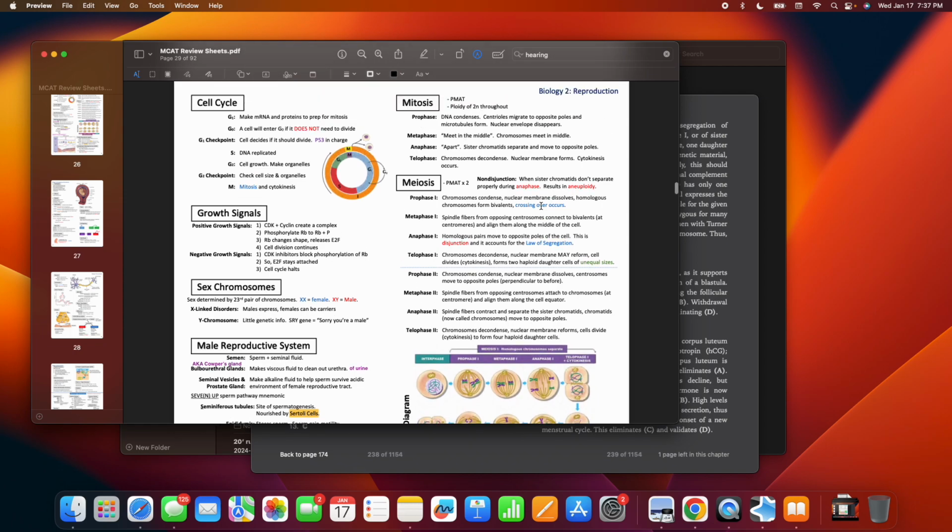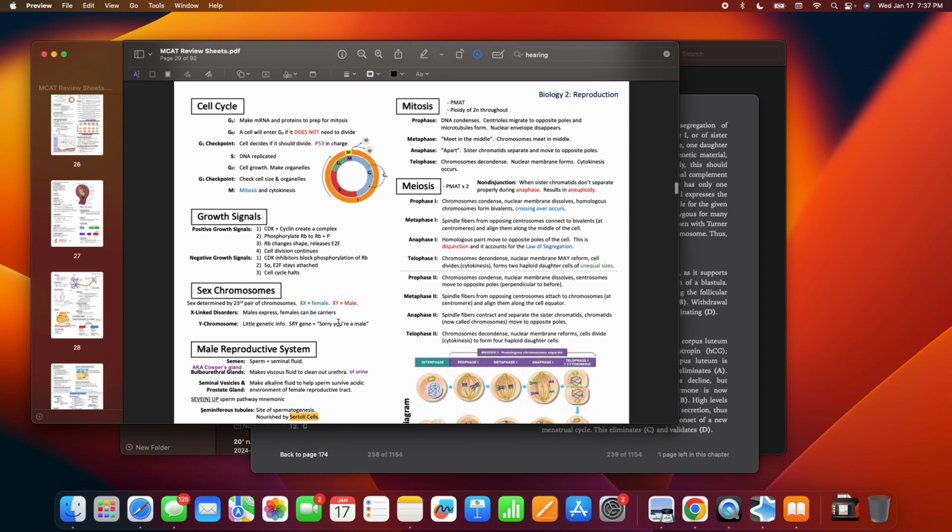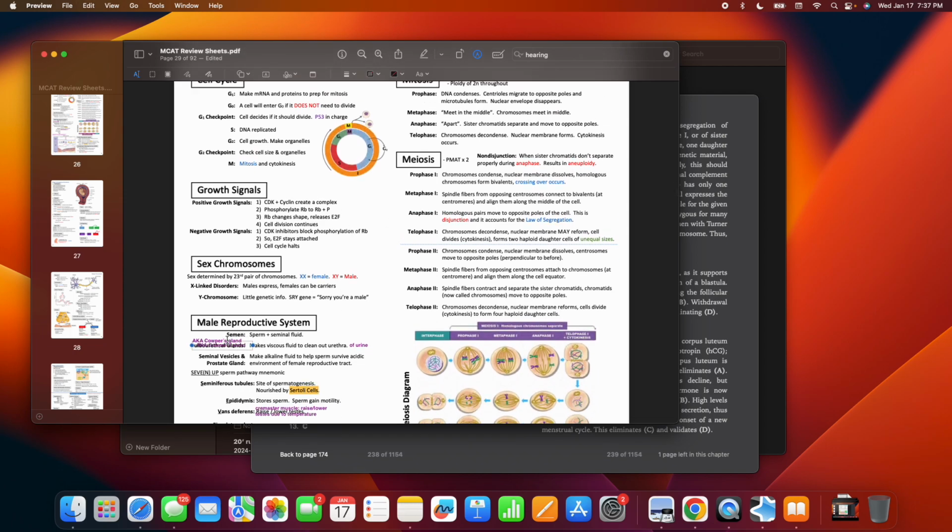So recombination or crossover, aka recombination. Resulting tetrad. Cool.